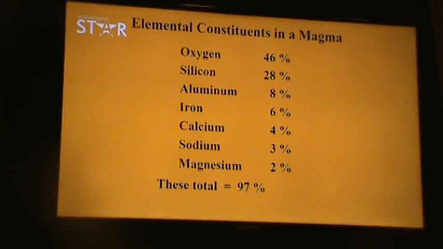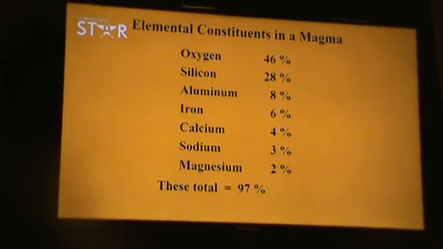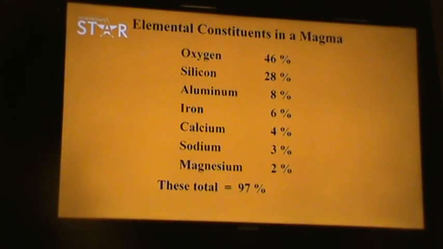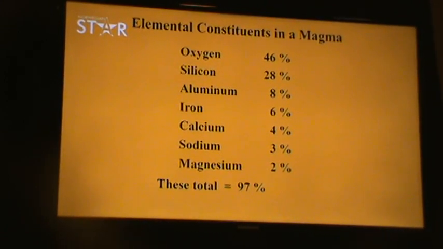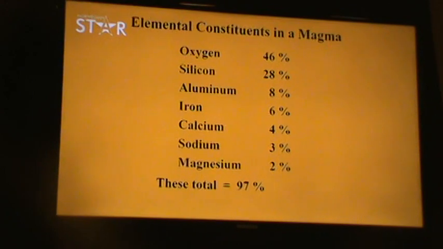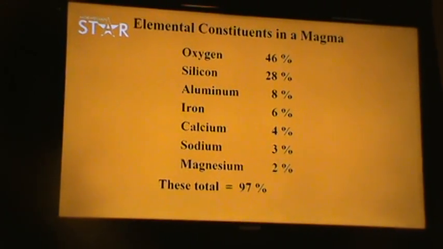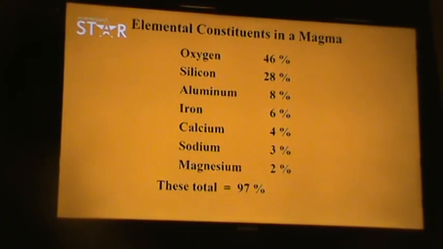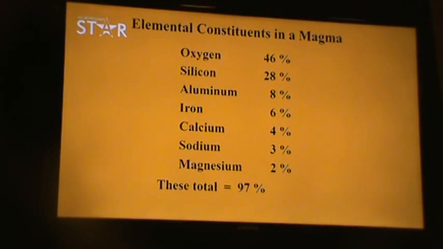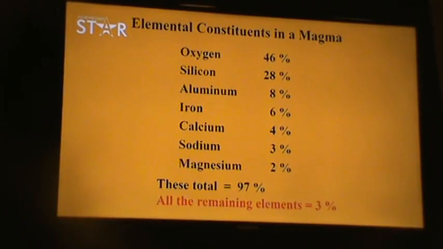That totals to 97% of all the elements found in the magma, in the molten rock material, molten because it's below the surface, and it is melted because the radioactive decay of the radioactive elements generates sufficient heat to melt everything that's below the surface. That leaves only 3% for all the other elemental constituents that are in the magma.